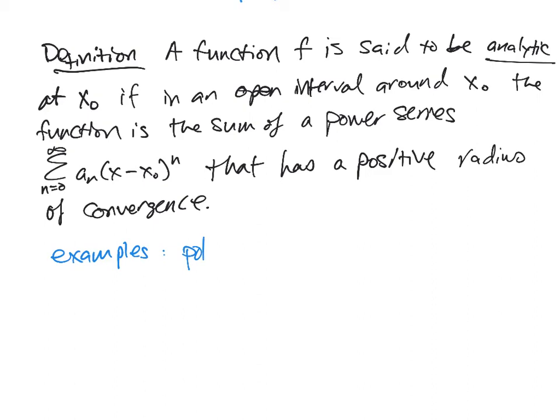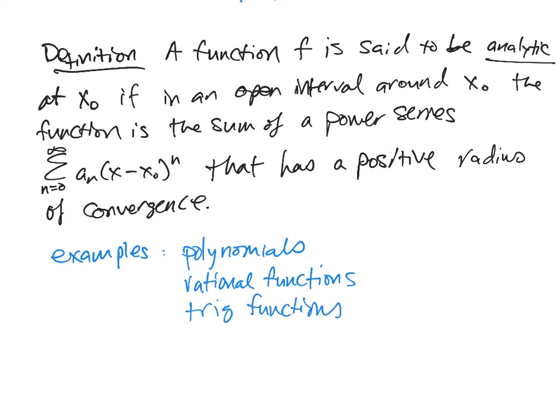Of course, polynomials can be represented as a power series because they basically just are a power series with most of the coefficients equal to 0. So polynomials, all the sort of normal functions, rational functions, as long as the denominator is not 0, trig functions, exponential, you know, all the usual suspects.